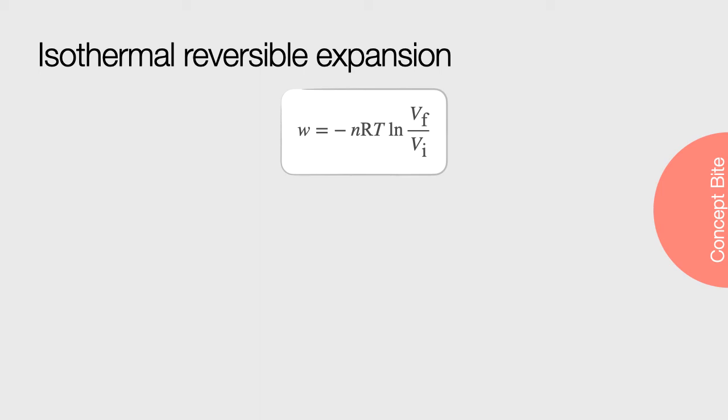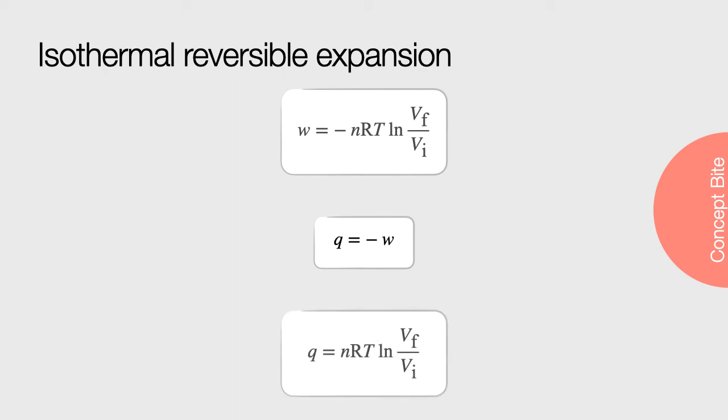If the temperature of the system is to remain constant, then the net change in internal energy has to be zero, or the amount of heat transferred into the system has to be equal and opposite to the work done by the system. Therefore, the heat transferred into the system in an isothermal reversible expansion is given by plus nRT log Vf over Vi.